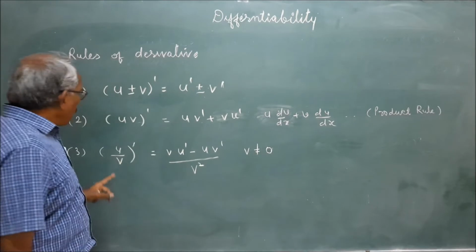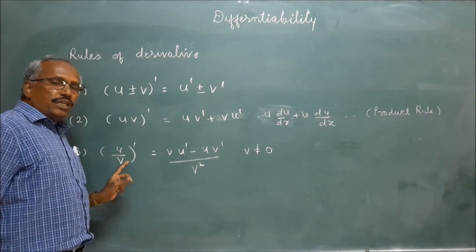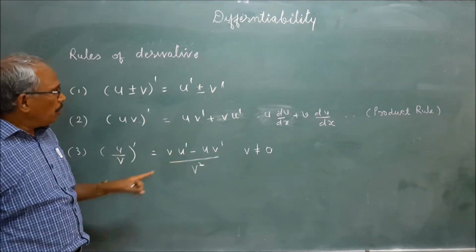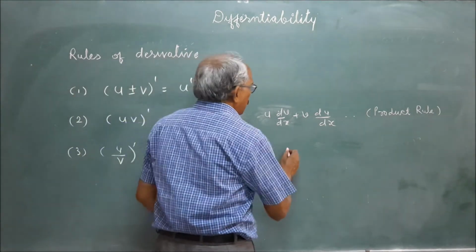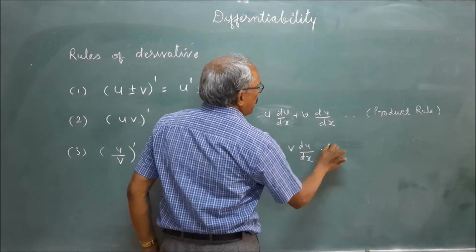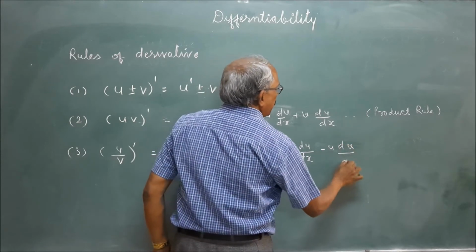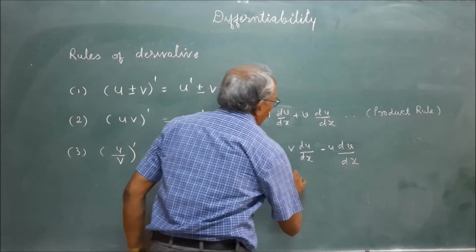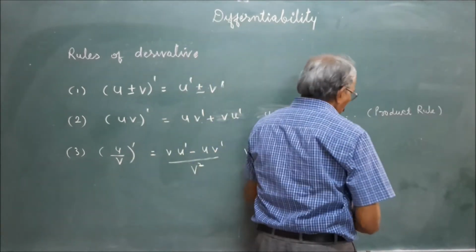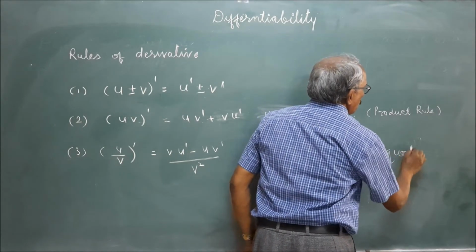If v is equal to 0, then the quotient of u and v is not defined. This can also be written as v into du by dx minus u into dv by dx upon v square. This is called the quotient rule.